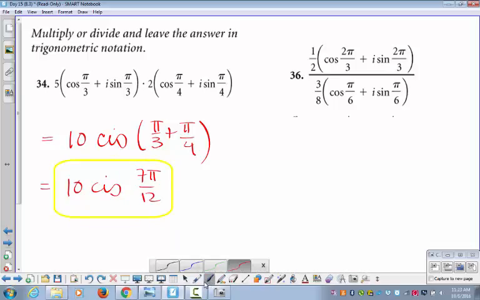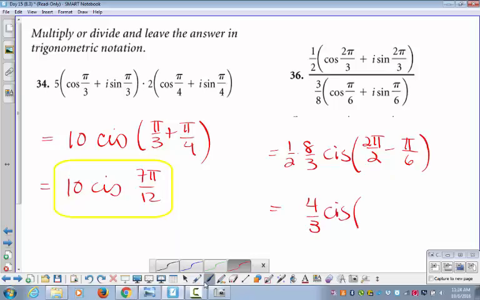Trigonometric form. And then over here, we're going to do 1/2 divided by 3/8. So that's 1/2 times 8/3 cis, numerator angle minus denominator angle. So that will be 4/3 cis.